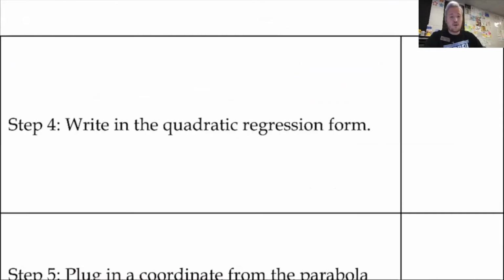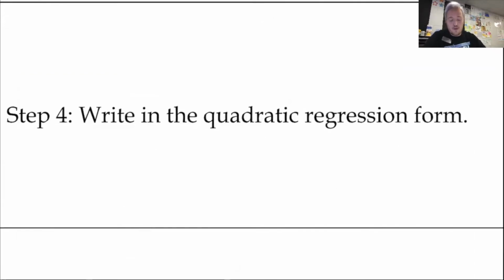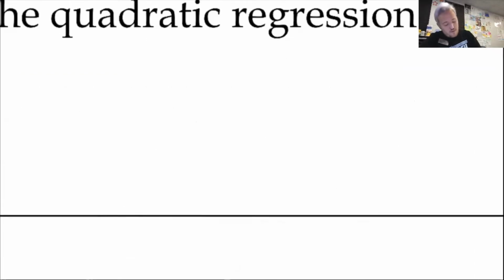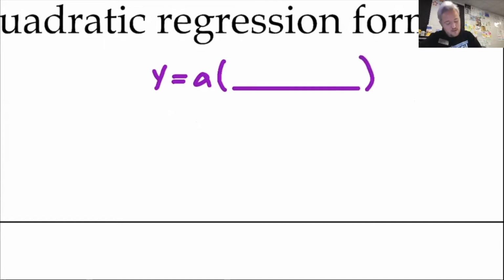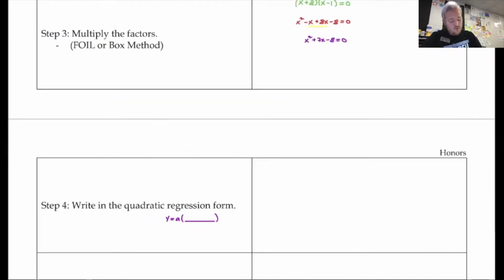So now we're going to write it in what we call the regression form. So the regression form is going to be y equals a parentheses, whatever your equation is in parentheses, and we're going to actually solve for that a value. All right, so what goes in the parentheses is what you got in the previous step.